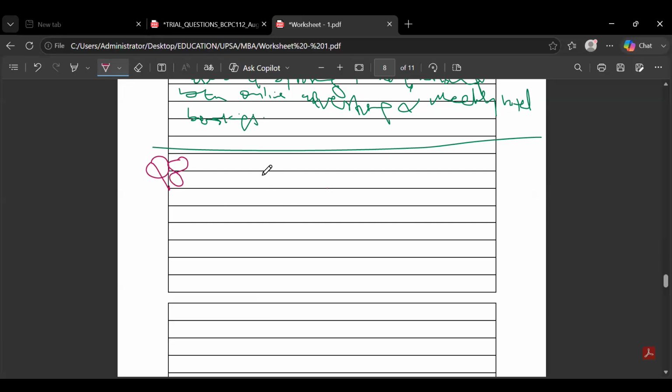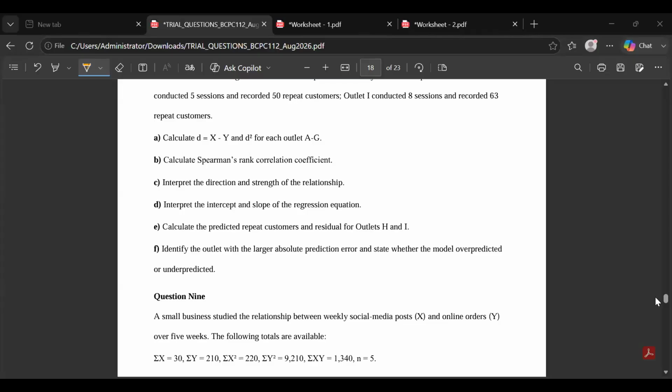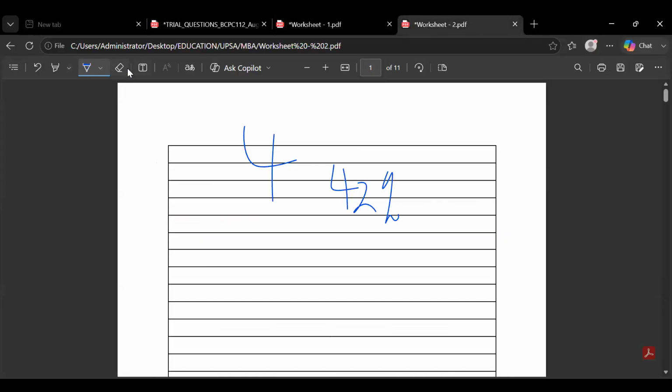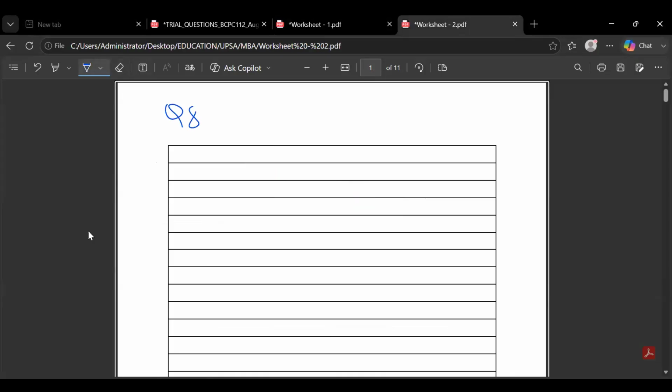Are you okay? Yes, I'm okay. Let me open a new sheet and check. Otherwise, using the mouse to write will be difficult for me. Okay, let's start. Question 8. Is the pen working now? Yeah, it is. Question 8 is also regression.